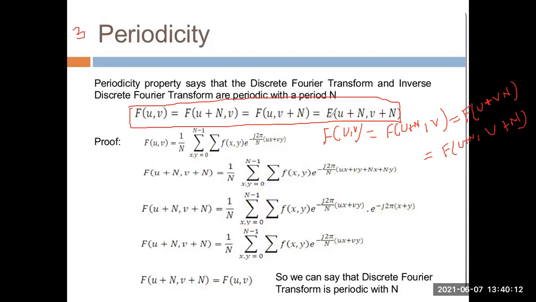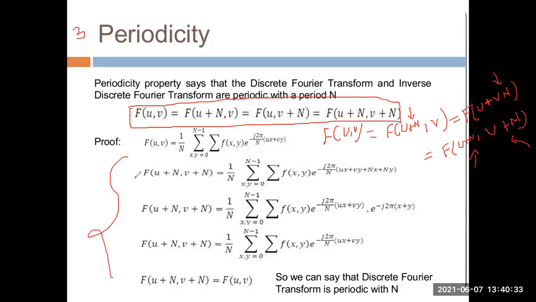That means if you add the period n to either the u-axis, the v-axis, or both axes, the Fourier transformation will remain the same. It will not change.